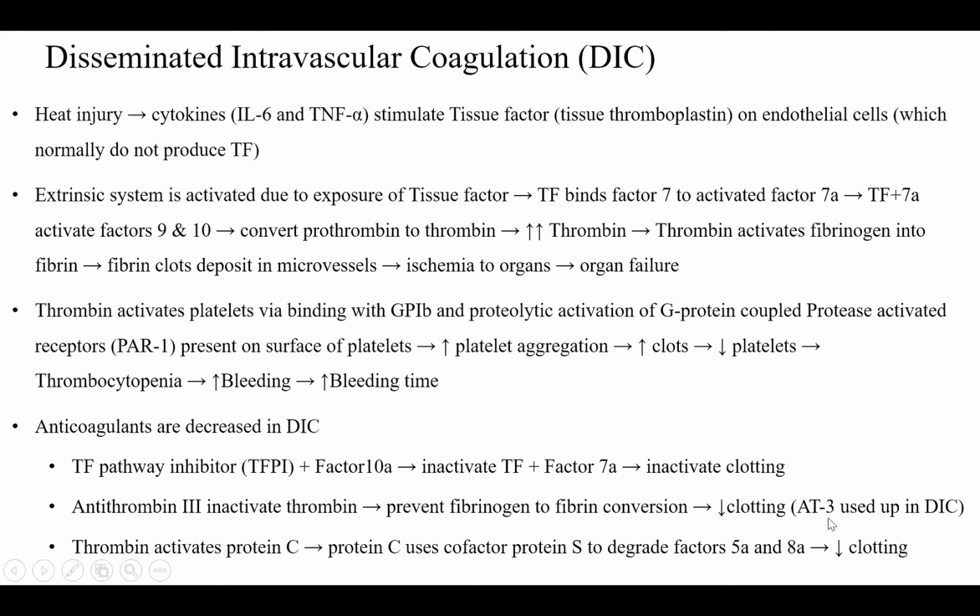Antithrombin 3 is consumed a lot in DIC. So this basically inactivates thrombin. Thrombin also activates protein C, and recall that protein C is anticoagulant in nature.